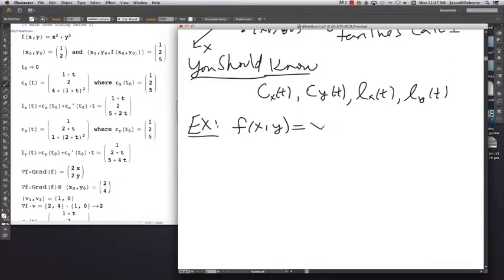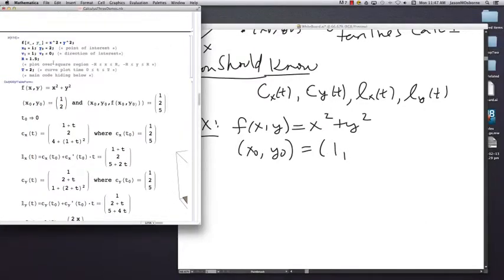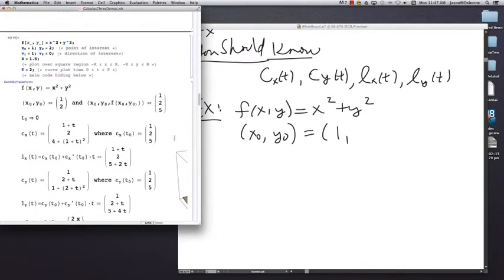So, f of x, y equals x squared plus y squared. We've got a point x naught, y naught, a point that's been given to you, say the point 1, 2.